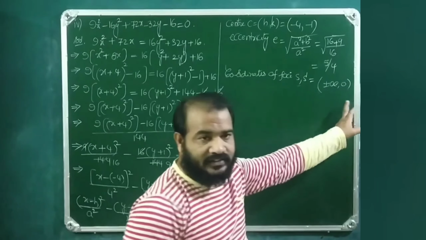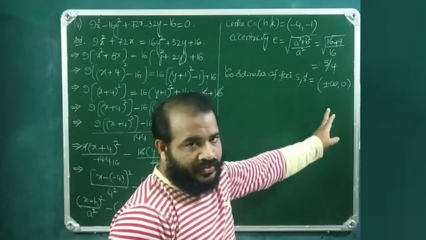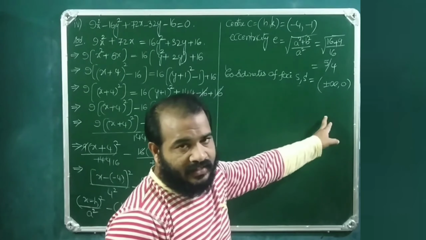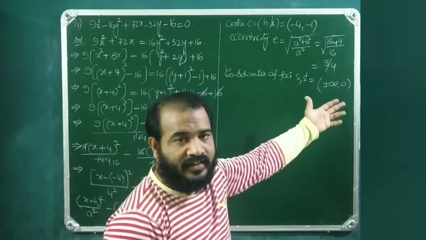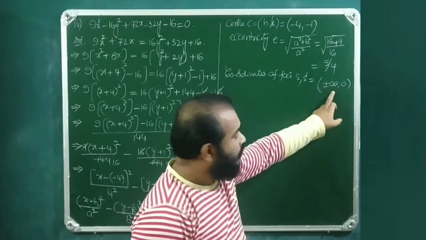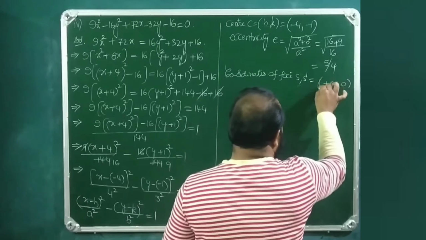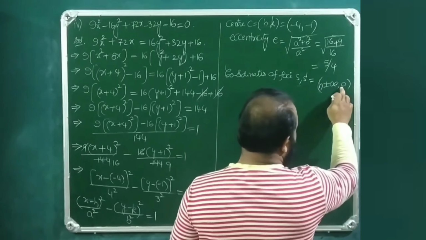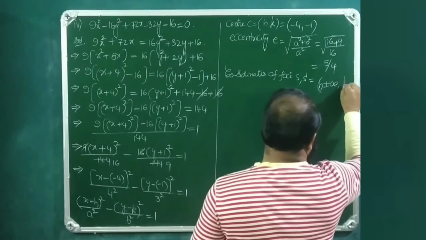But since the center is shifted to other than the origin, to the x coordinate add h, and to the y coordinate which is 0 add k.